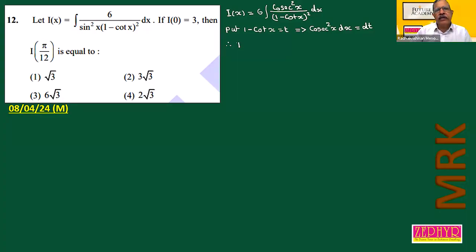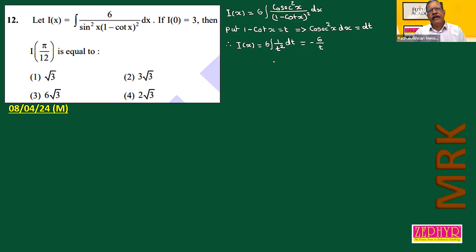Therefore, I of x is equal to 6 into 1 by t squared dt, where t is a function of x. So when you are integrating it, we are getting minus 6 by t.